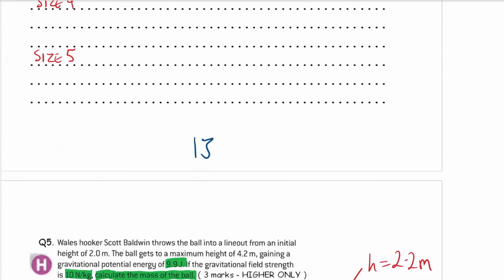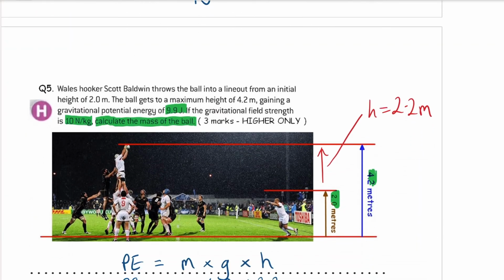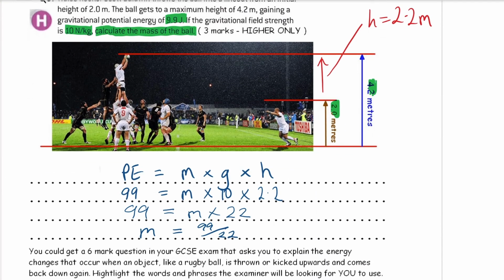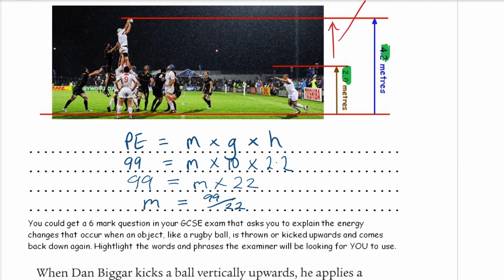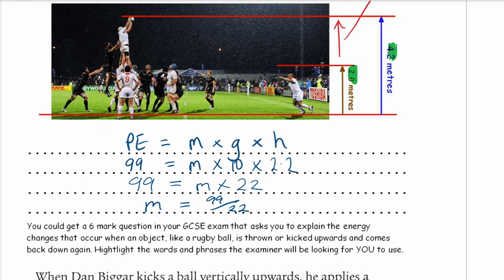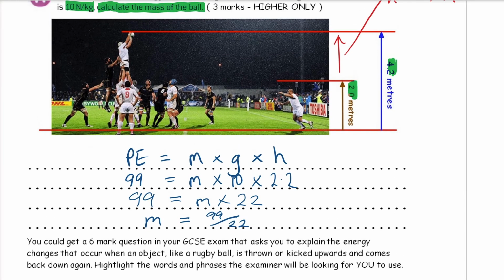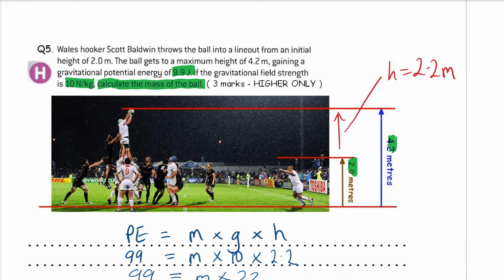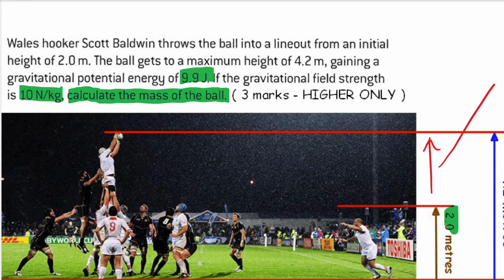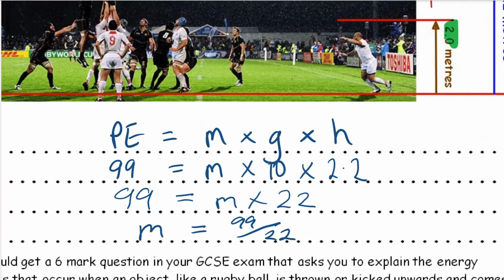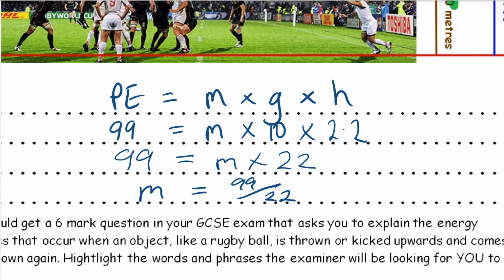So let's go back down. I'm up by a factor of 10. Yeah, g's right, h is right, 2.2. So I'm just going to check that 99 again. Should have put my spectacles on. It's not 99 joules, it's 9.9 joules, which will change everything by a factor of 10.